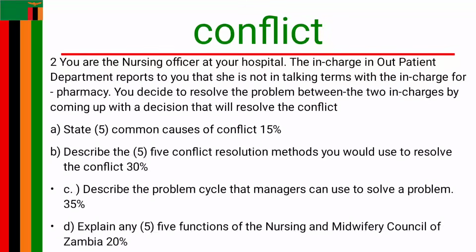The last question, question D, is saying explain any 5 functions of Nursing and Midwifery Council of Zambia. The first function of Nursing and Midwifery Council of Zambia is regulation. Now, regulation, this means that NMCZ, they set standards and regulation for the nursing and midwifery practice in Zambia itself to ensure quality and safety.